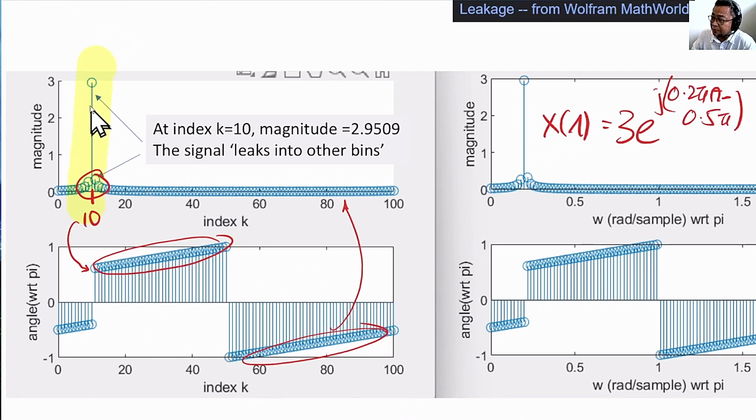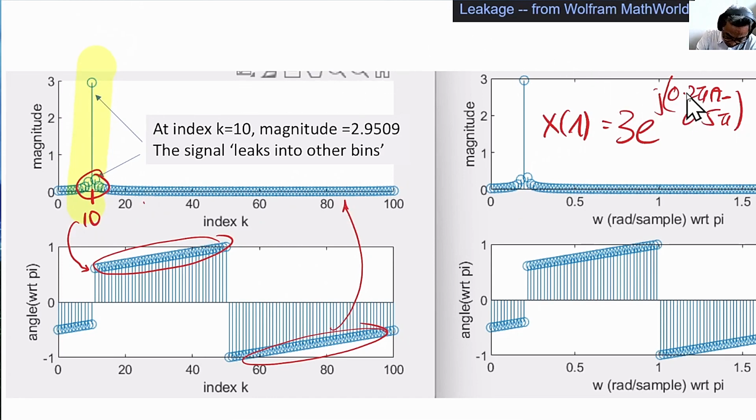This is nothing but a mathematical problem. It is a spectral leakage of bin 10 into these others because there was no exact match between the frequencies of these bins and this complex exponential at 0.2 pi.